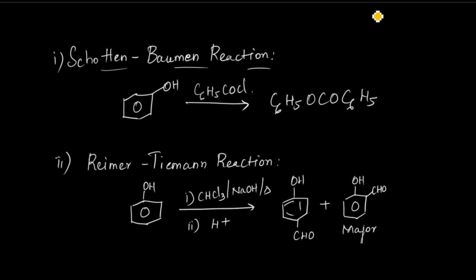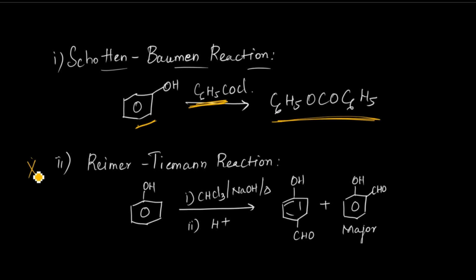Then Schotten-Baumann reaction. So Schotten-Baumann means immediately this C6H5COCl benzoyl chloride should strike your mind. With phenol, that is giving us C6H5OCOC6H5. Because here I am having one phenyl group and another phenyl group is there in the reagent as well.